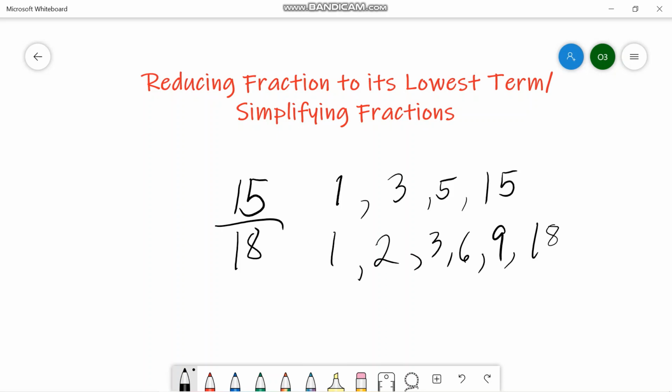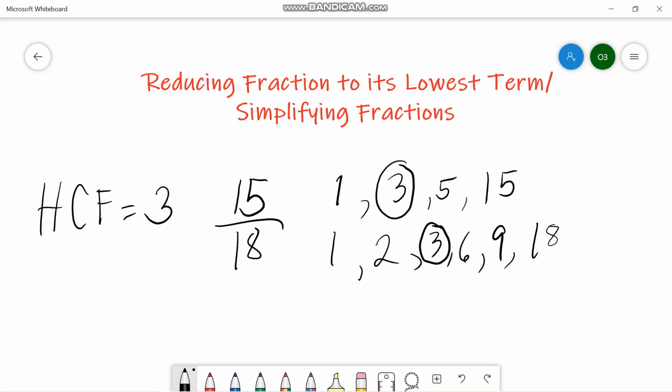So which is the highest common factor of 15 and 18? As you can see, besides 1, we have 3. So our HCF here, or GCF, is equal to 3.